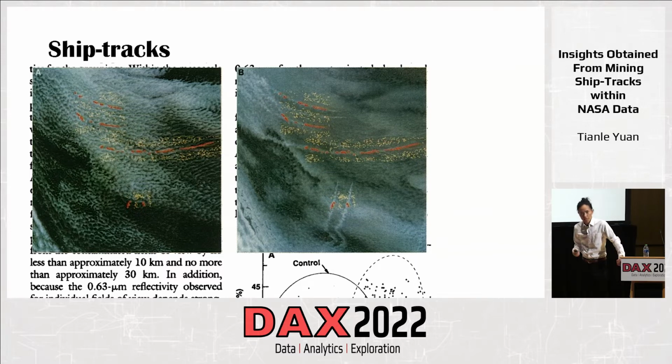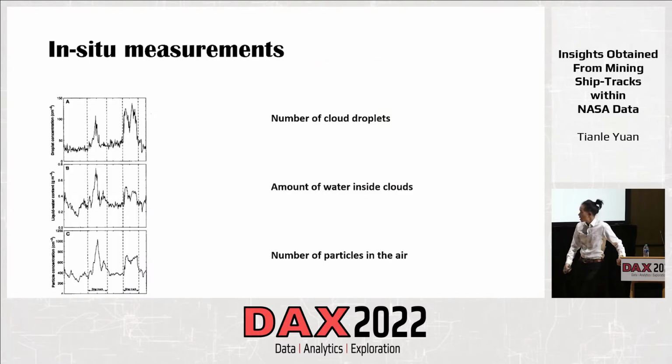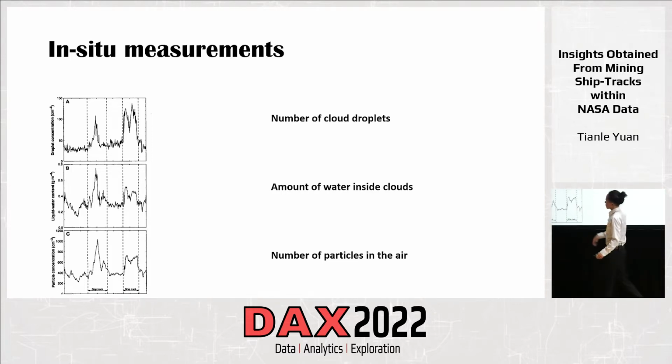I'll get into the purpose of that in the next few slides. What they found is this: the lines show, when you cut across the ship track lines, how the number of cloud droplets, the amount of water inside a cloud, or the number of particles in the air changes within the ship tracks compared to the background.